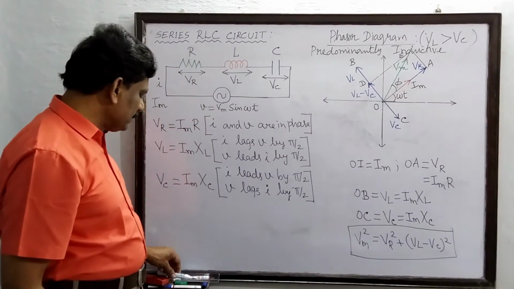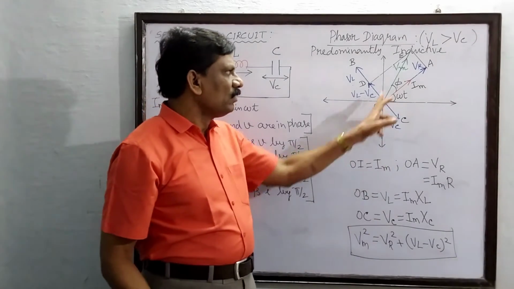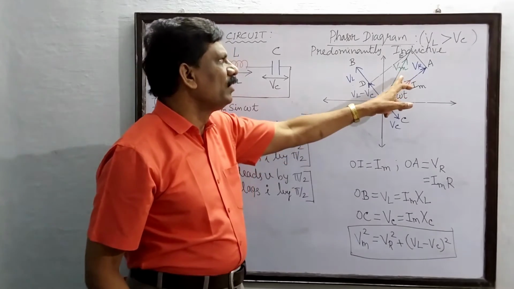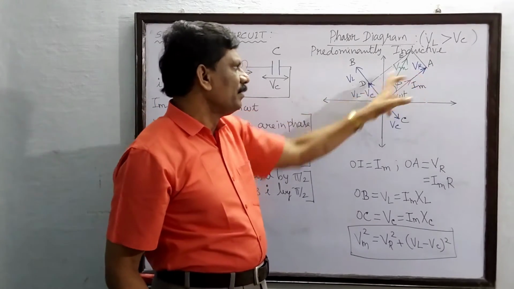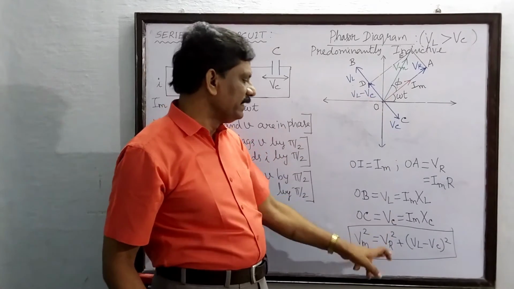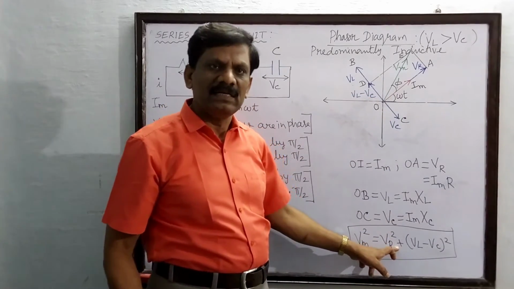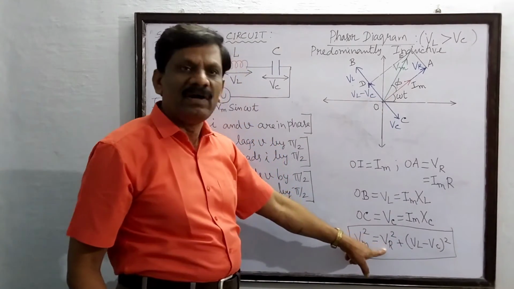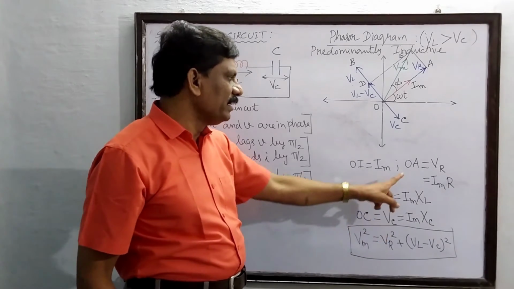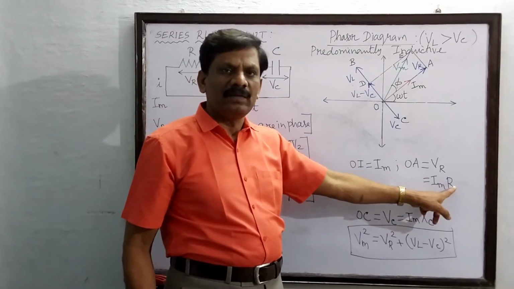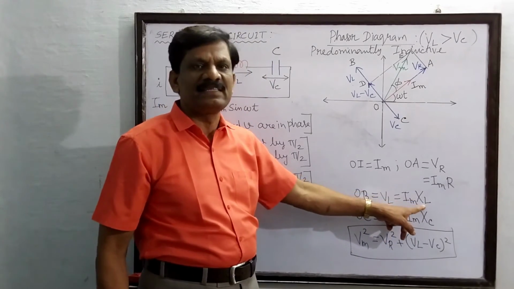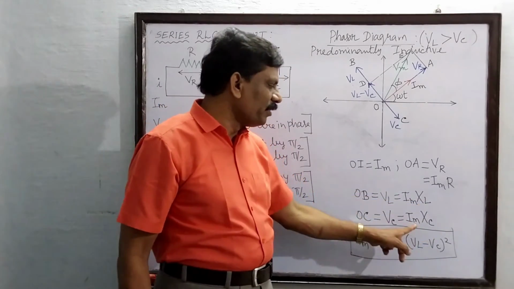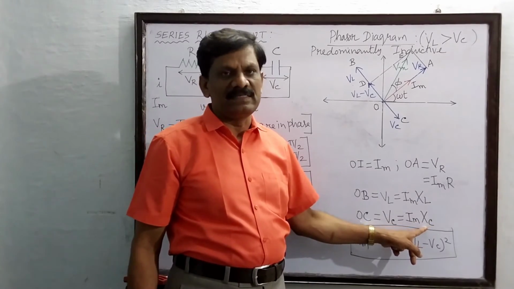So try to understand this equation, all of you. This Vm square must be equal to this longer side VR square plus the shorter side VL minus VC the whole square. Understand? Now I am going to substitute for VR. VR is equal to Im into R. Similarly for VL I am going to substitute Im into XL. And for VC I am going to substitute Im into XC.